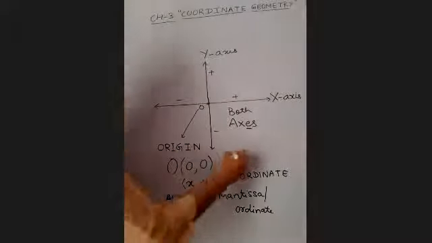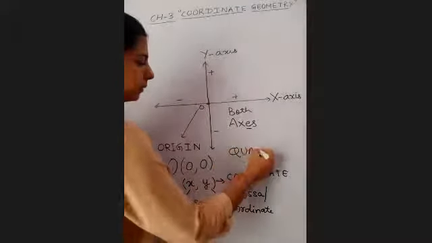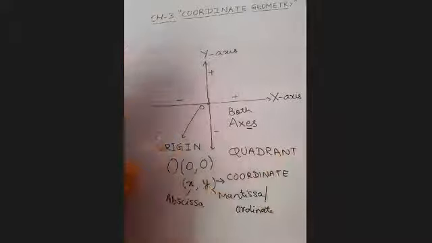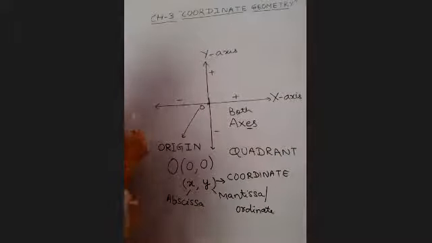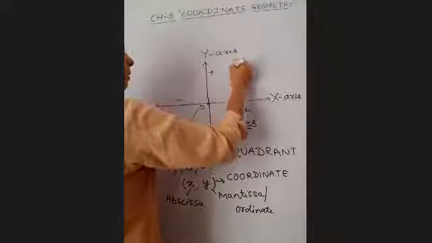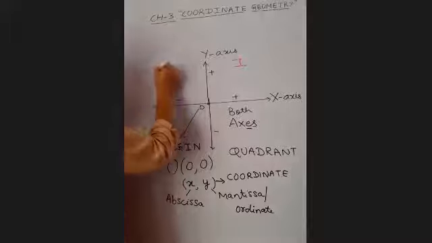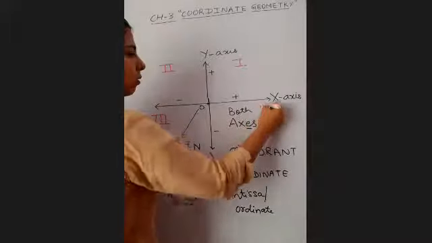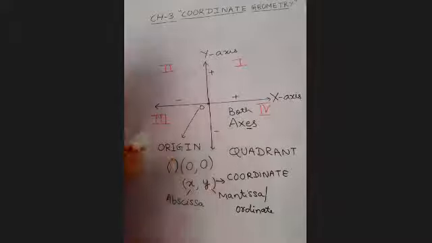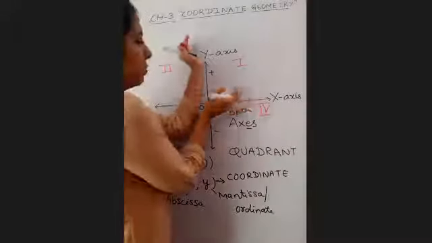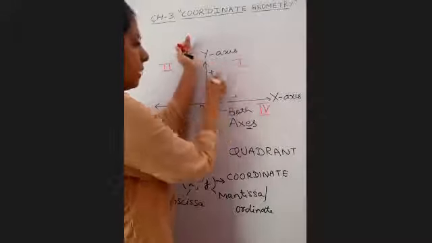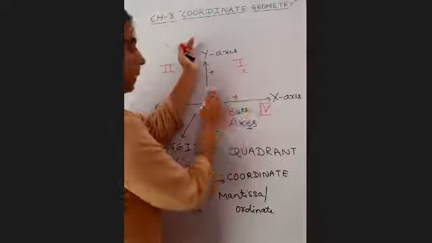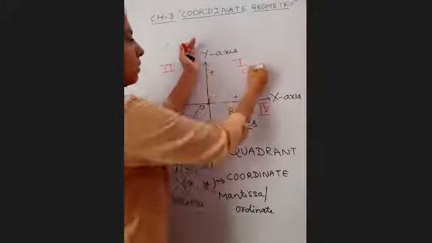Each part is known as a quadrant. The naming is done using Roman numerals. This is quadrant 1, quadrant 2, quadrant 3, quadrant 4. Now if we look at each quadrant, in the first quadrant x is positive, y is also positive.